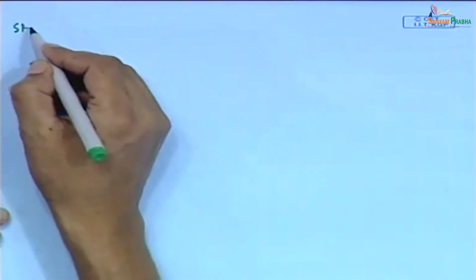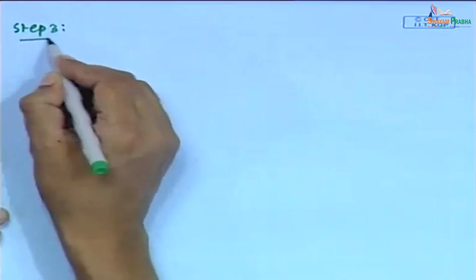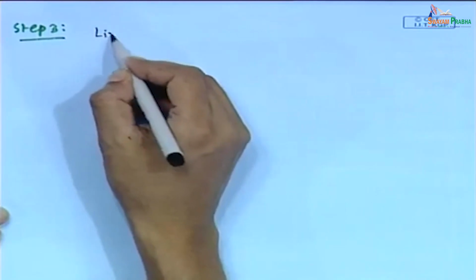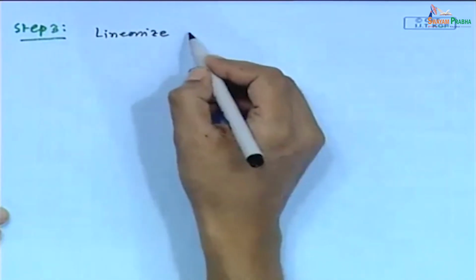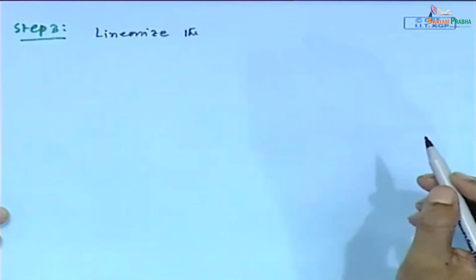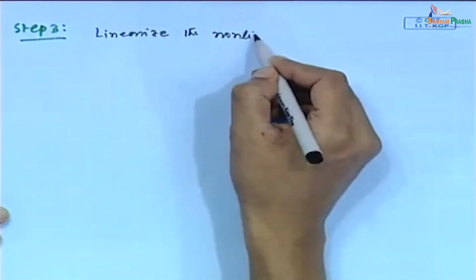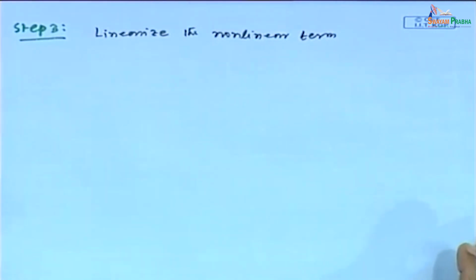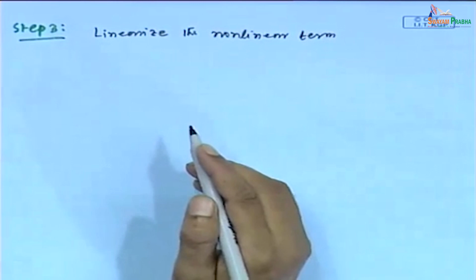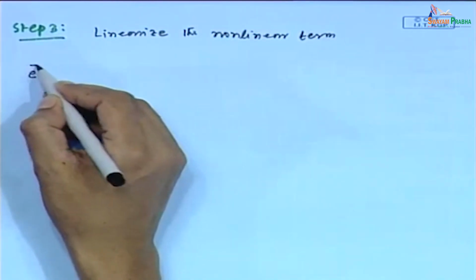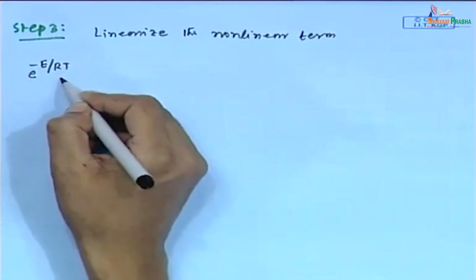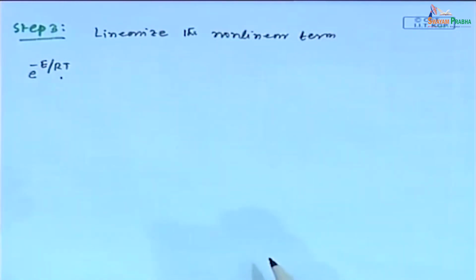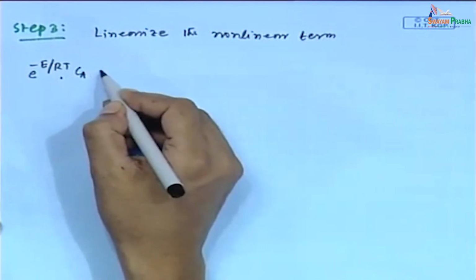So, step 3, linearize the nonlinear term using Taylor series expansion. You linearize the nonlinear term, that is exponential of minus E divided by RT multiplied by CA.